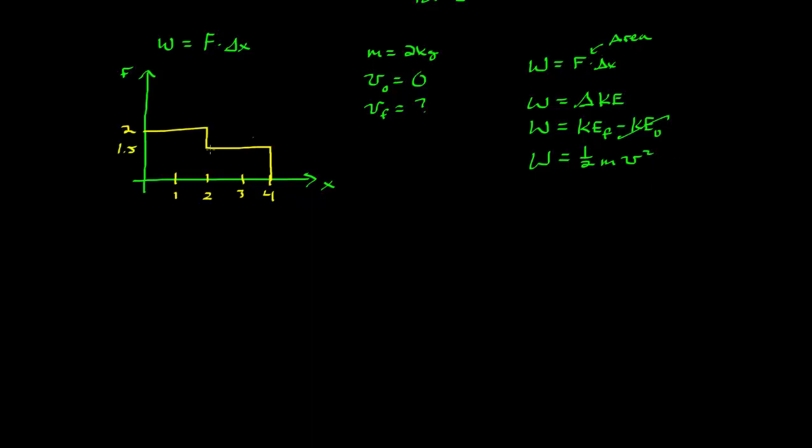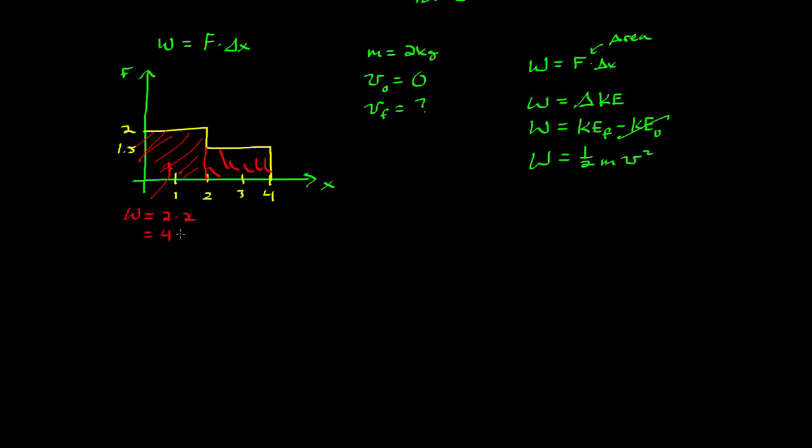So let's figure out what the work is. Again, it's the area on a force versus position graph because we're multiplying. So what I'm looking at is the area here and then the area here. And we'll just get the total. These are above, so it's positive. Remember, if it's down below, that's negative. And so this, you can see, is a rectangle. It's a 2 by 2. So the work done here is 2 times 2.